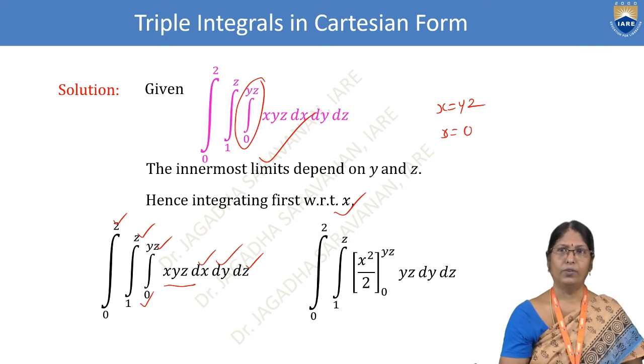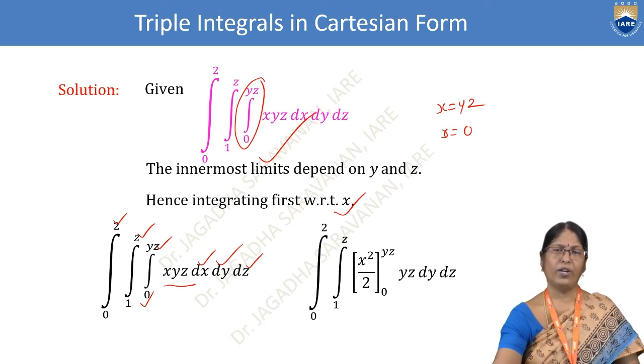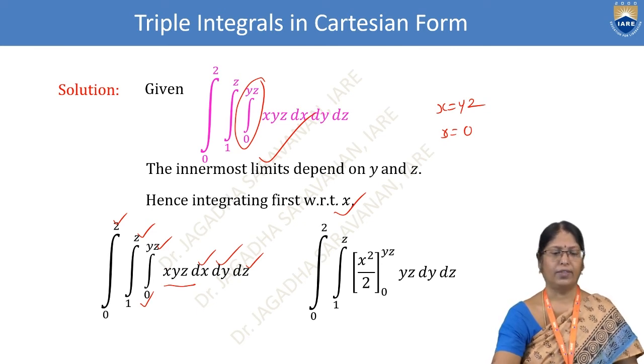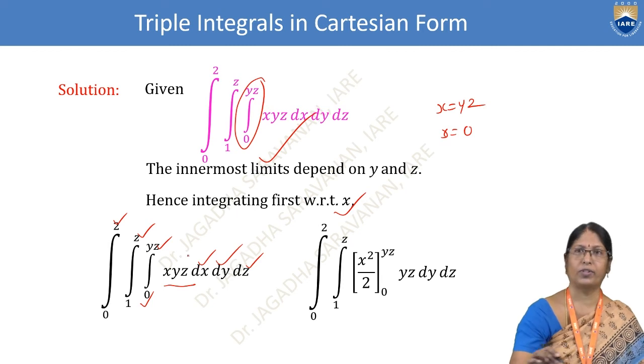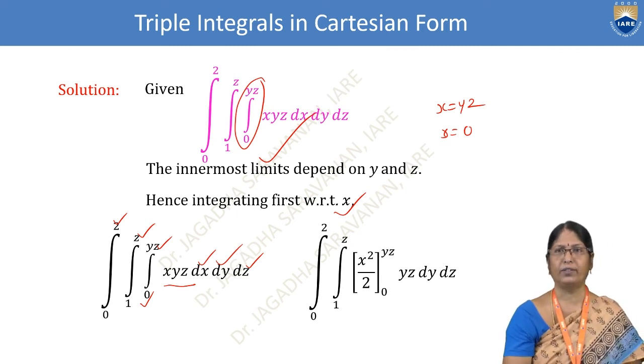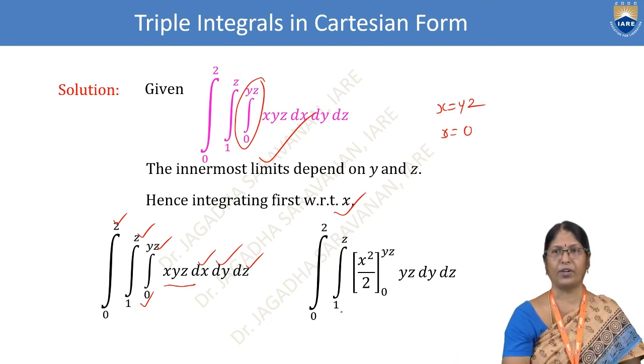So now, before, when we discussed triple integral problems, to understand very easily, we did them separately. That is, the innermost we did separately. We substituted in the particular place. Then separately we concentrated on the middle integration.